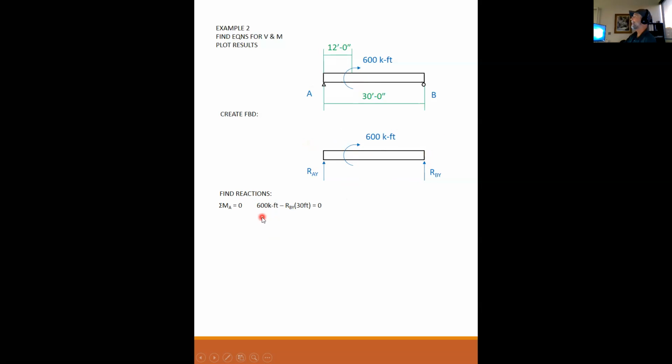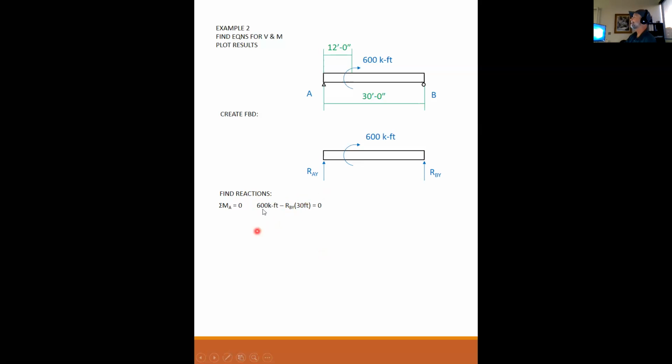So you do not have 600 times 12 or anything like that. The 600 is the moment and it is clockwise. So you just put it as a positive moment. And if you check your units, you'll see that this is true because the 600 kip feet matches the units of a reaction times a distance, which is kips times feet. So this is the only way it works.